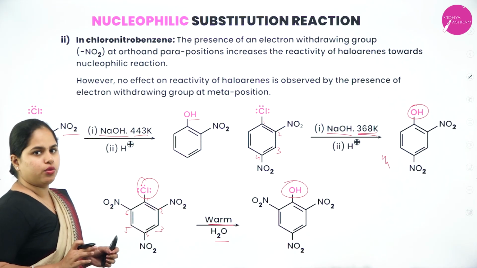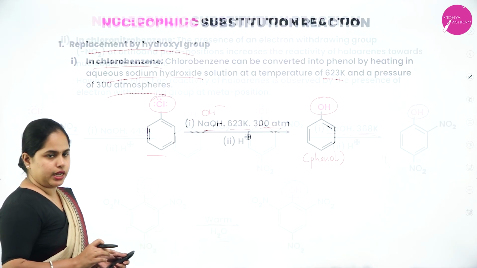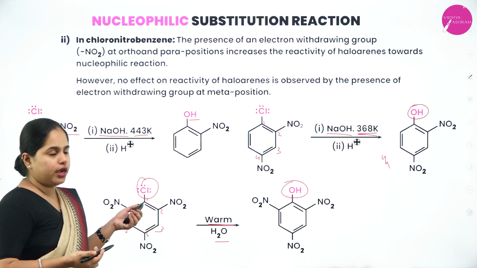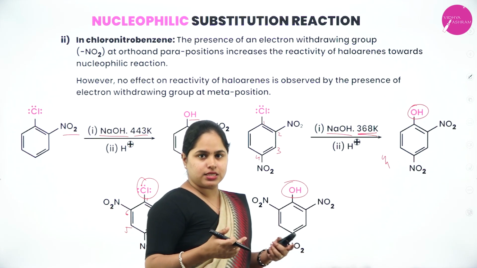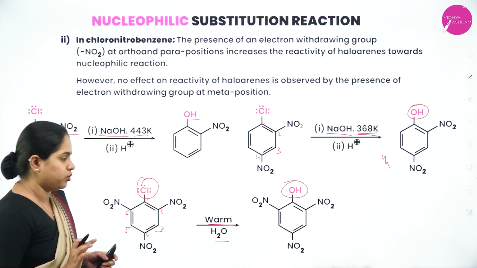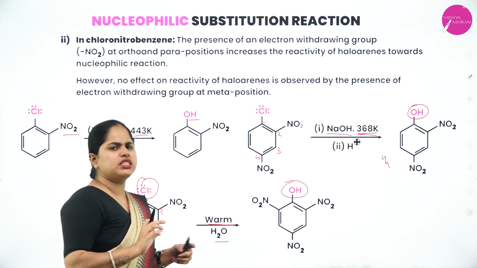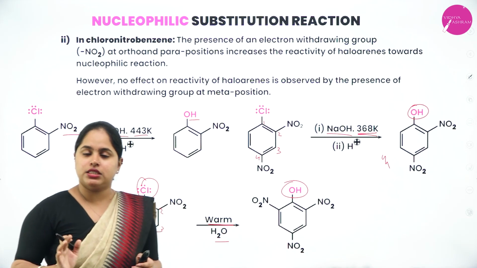From here, what you can understand is, without the nitro group, it was 623 Kelvin. In the presence of one nitro group, it became 443. In the presence of 2 nitro groups, it became 368. And in the presence of 3 nitro groups at the ortho as well as para positions, when they are completely filled, we just have to warm it. We do not have to increase the temperature too high. It just has to be warmed.